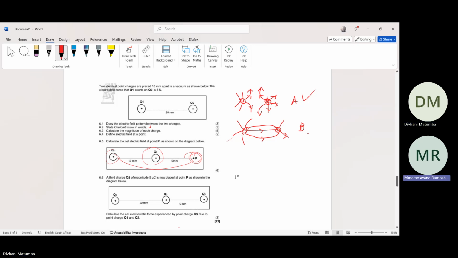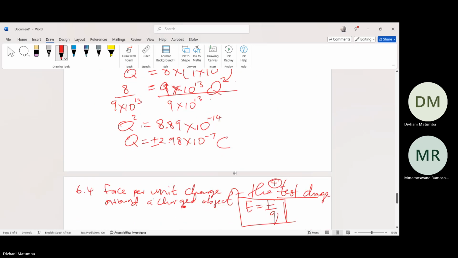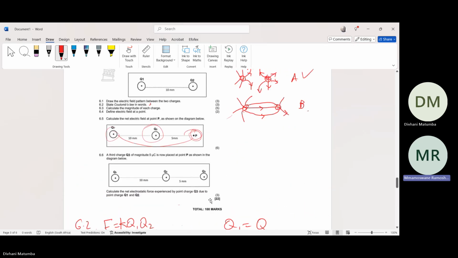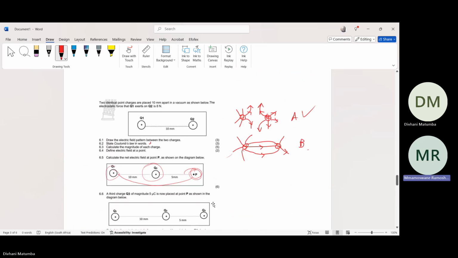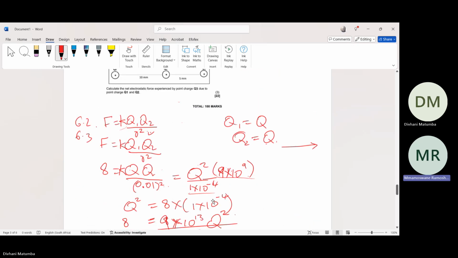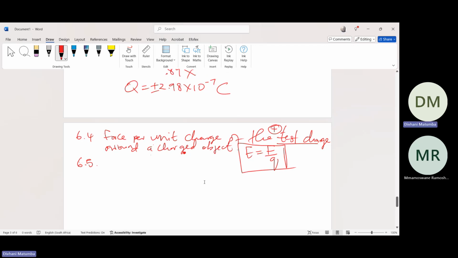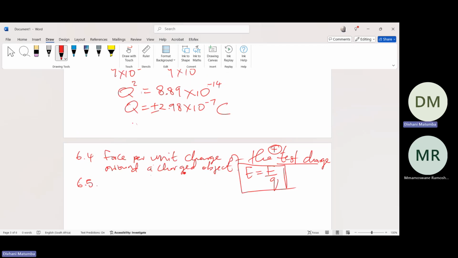Which would then be, since we calculated the magnitude of the charges, right? Yes. We can use that. They're both positive, so I'm assuming that's what we can use. Here I forgot to say, Q equals plus 2.98.